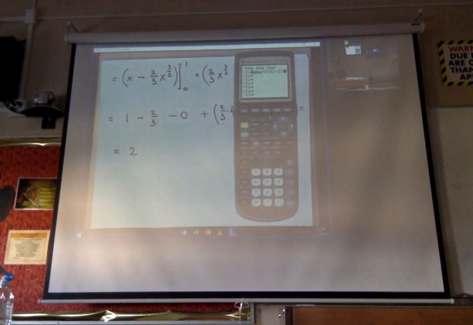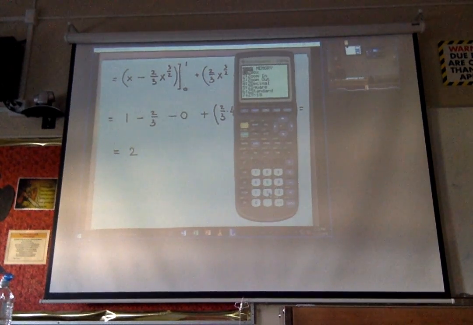And when we graph, I'm going to go zoom 6 just to see what I have. It doesn't look good, so I'm going to zoom again, a little bit to the right, somewhere over here. So what happened, the piece that was on the bottom now is on the top, right? And we'll repeat the process of using the calculator to find the integral.